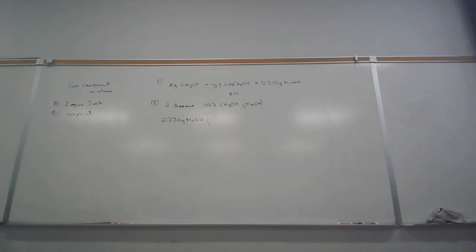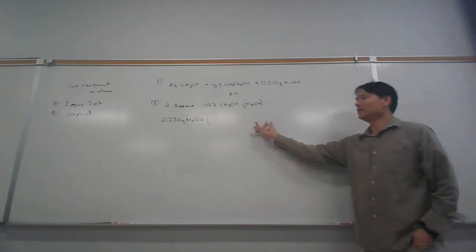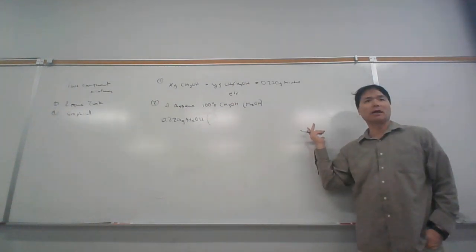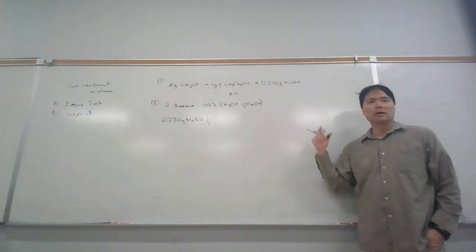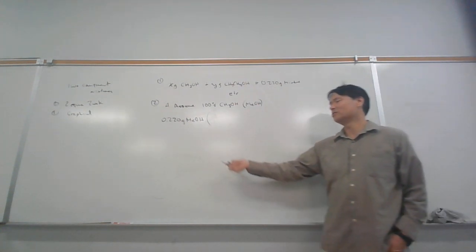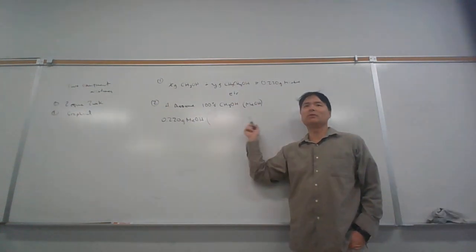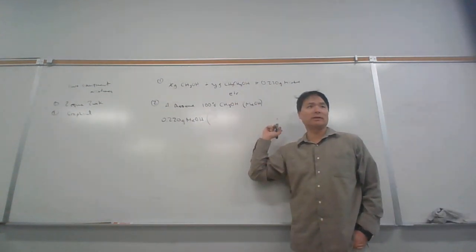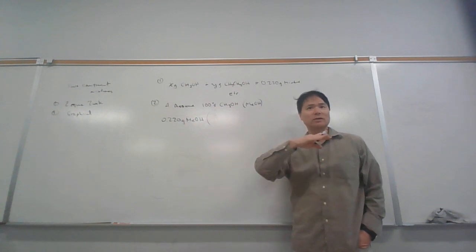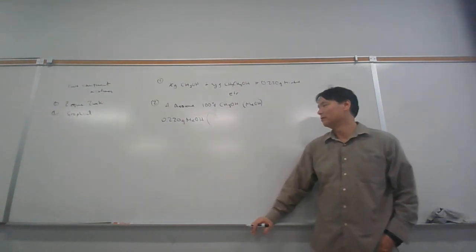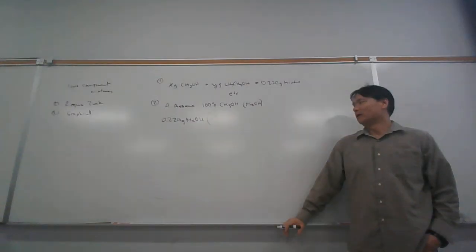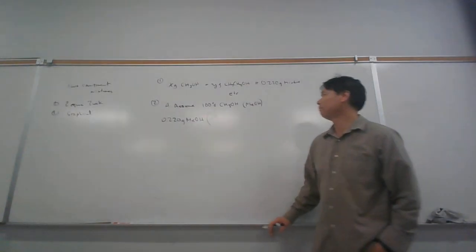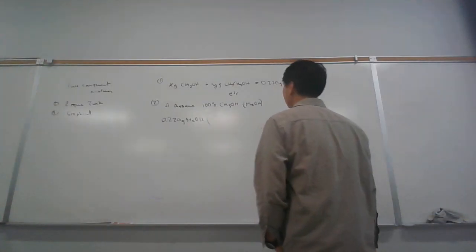If this mixture were pure methanol, how many grams of CO2 would I produce? This is your standard stoichiometry: grams of A to moles of A, moles of A to moles of B, moles of B to grams of B. Just a straightforward, standard stoichiometry problem. So let's figure out the molar mass for methanol.